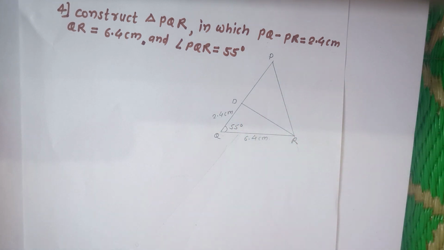This is a rough figure. Now let's draw a fair figure, that is let's construct triangle PQR. At first draw segment QR 6.4 centimeters.